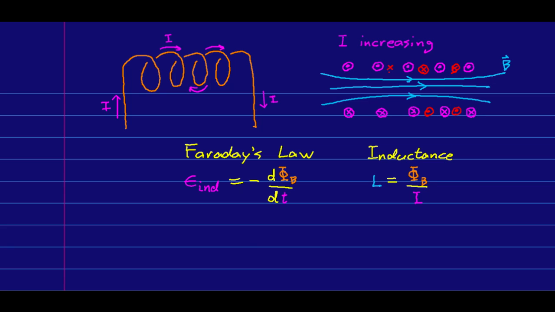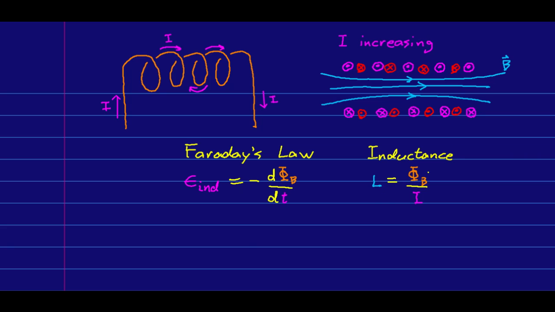Or another way of thinking of it is that there is now an EMF opposing that change in the current. And we can just use Faraday's law to figure out what that EMF is.